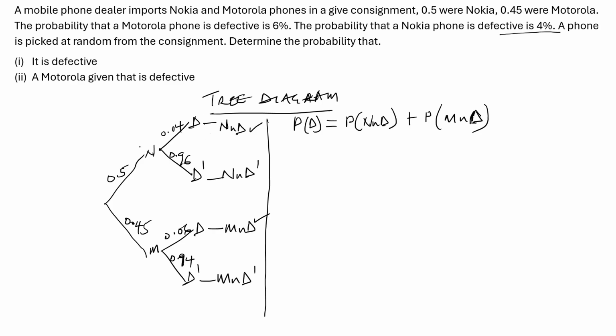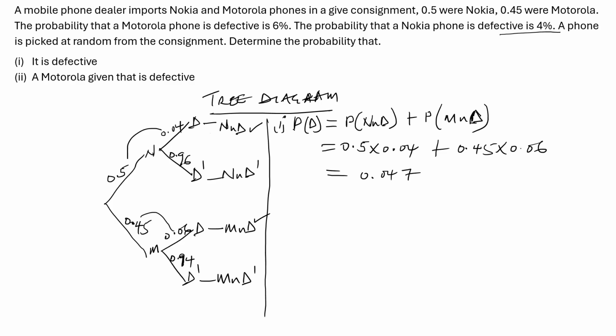We take the whole line here. So that will be 0.5 times 0.04 plus also this line. So that is 0.45 times 0.06. That gave us 0.047.